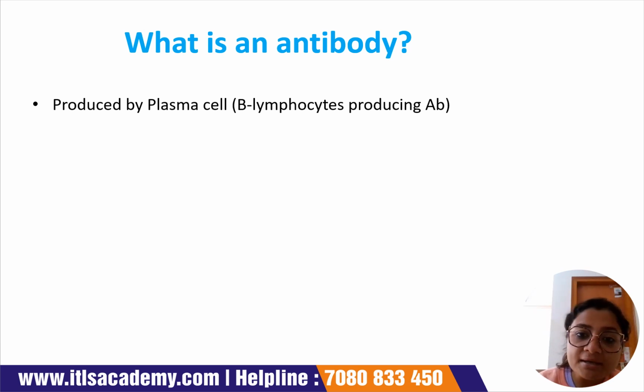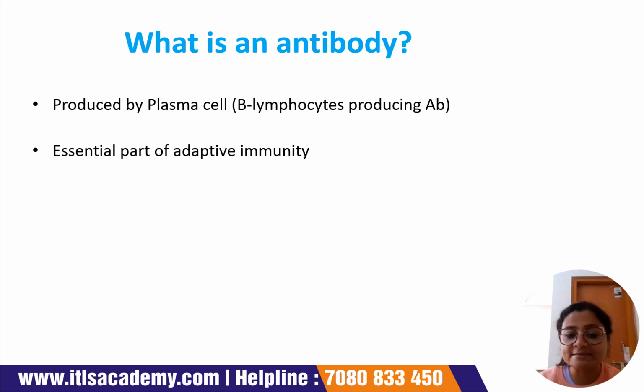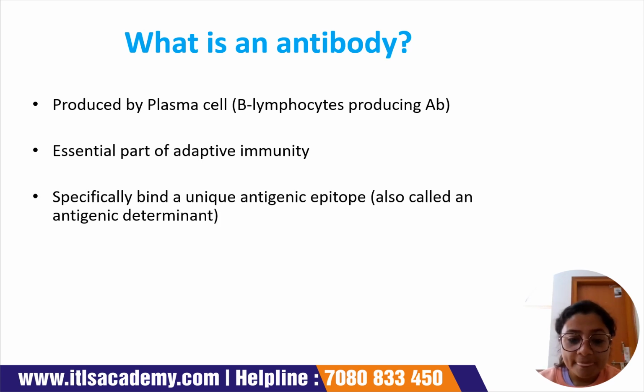Whenever there is a need to produce an antibody, the B lymphocytes will be informed by the T helper cells, and the B lymphocytes will start producing the plasma cells, and those plasma cells will start producing the antibodies in return. That is the entire cascade. So antibody is obviously an essential part of adaptive immunity.